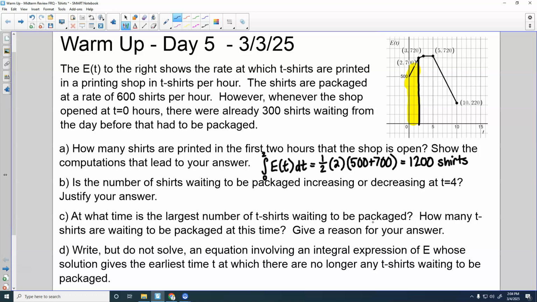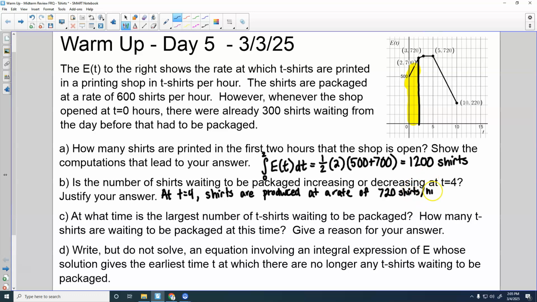Yeah, so you would say, and I would use the actual numbers to show that you are not just guessing at it, at t equals 4, shirts are produced at a rate of 720 shirts per hour.